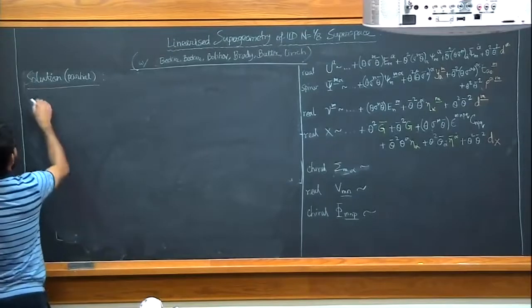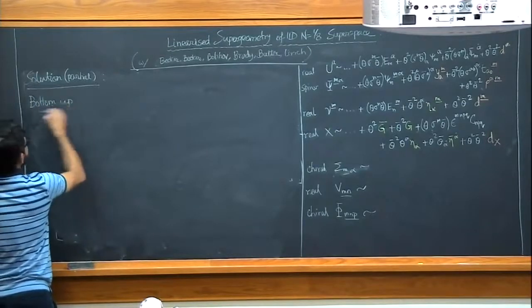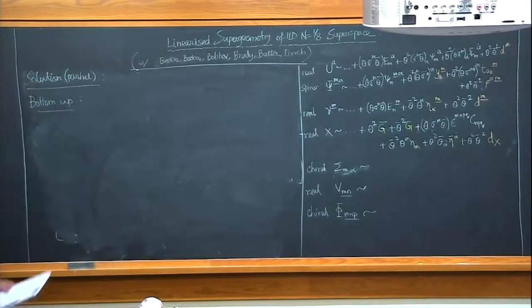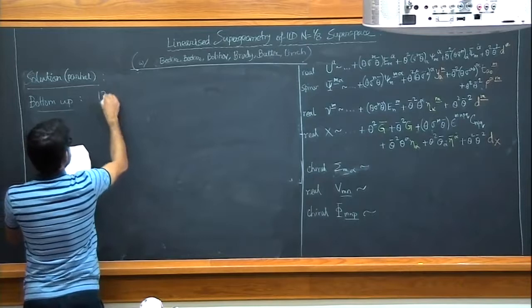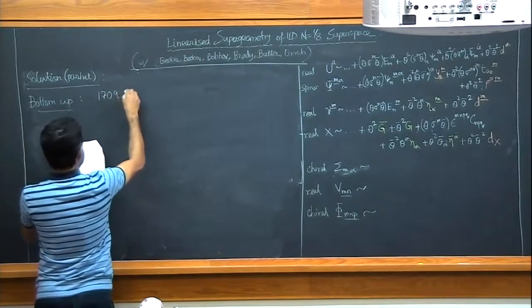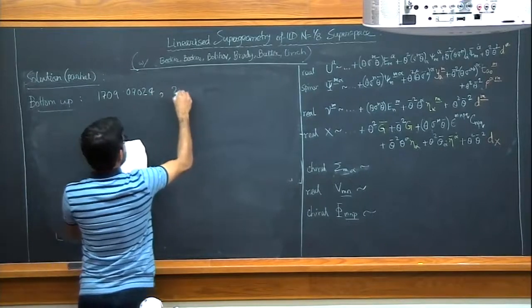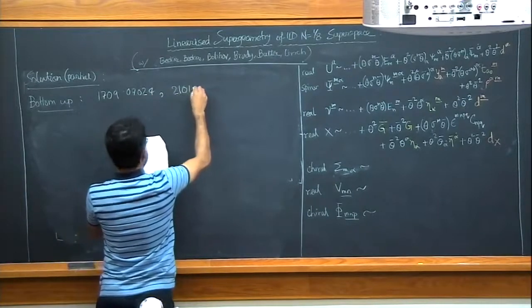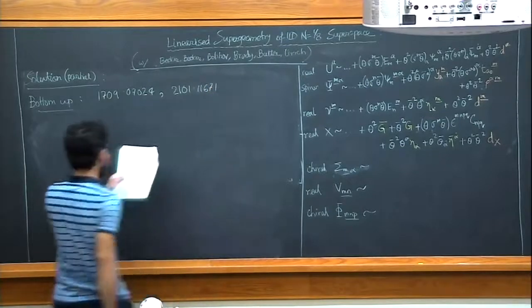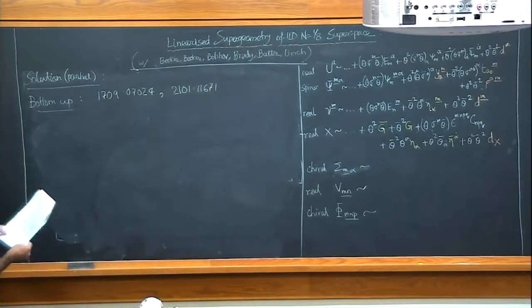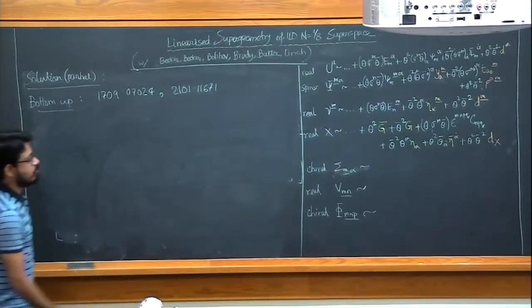So the bottom-up approach is, let me give you a couple of references from where you can look up the details. So essentially what we are trying to do is to throw partial supersymmetry off shell.